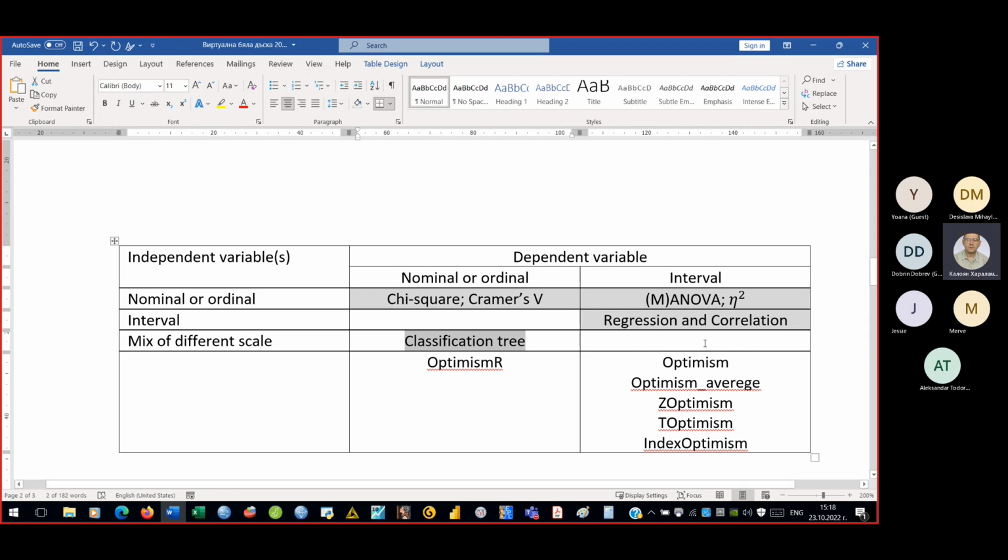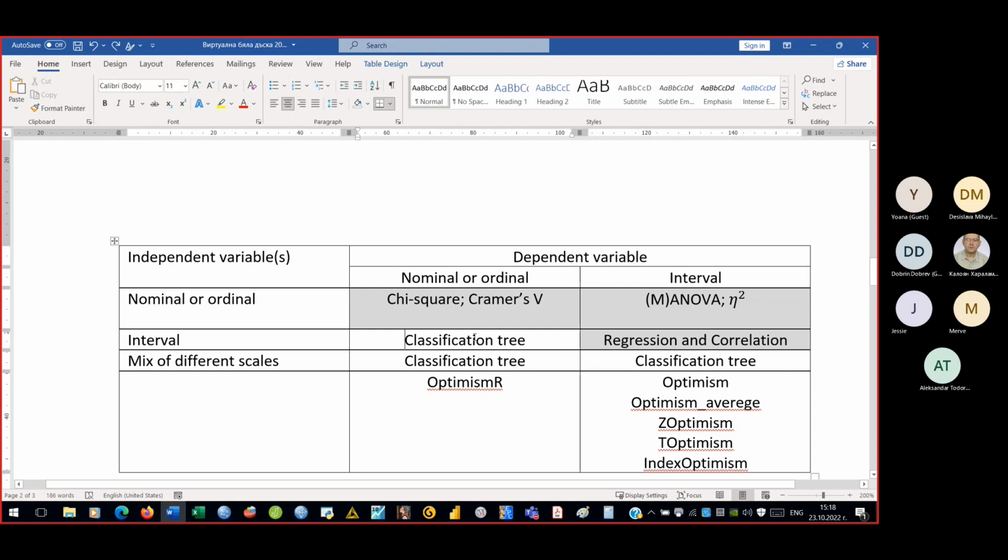this method works with nominal or ordinal dependent variables, works with interval dependent variables, and works with a mix of different scales, and that means that I could copy this method in each cell of the table.